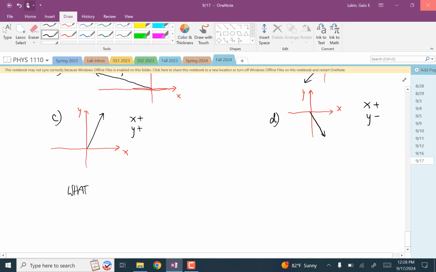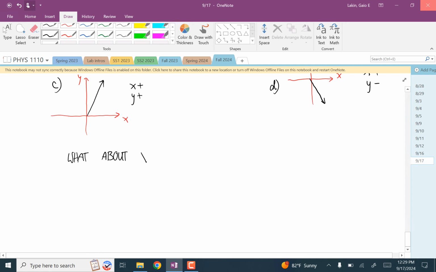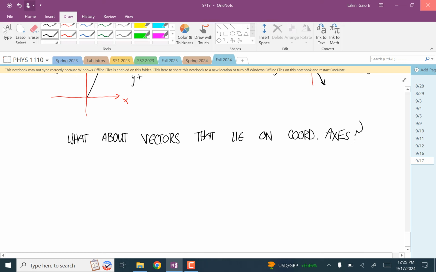So here's something that'll also be really useful. What about vectors? So all of these, notice, were in between coordinate axes. What about vectors that lie on coordinate axes? So for example, what if you had a vector like this, and you knew that its magnitude was 5? What would be the coordinates of that vector?